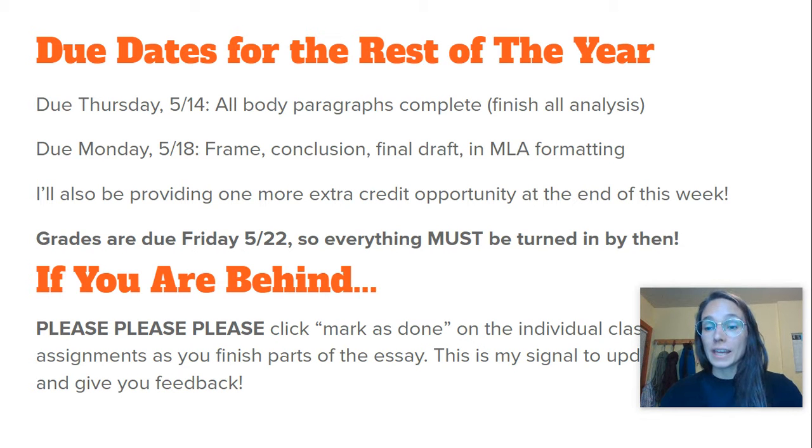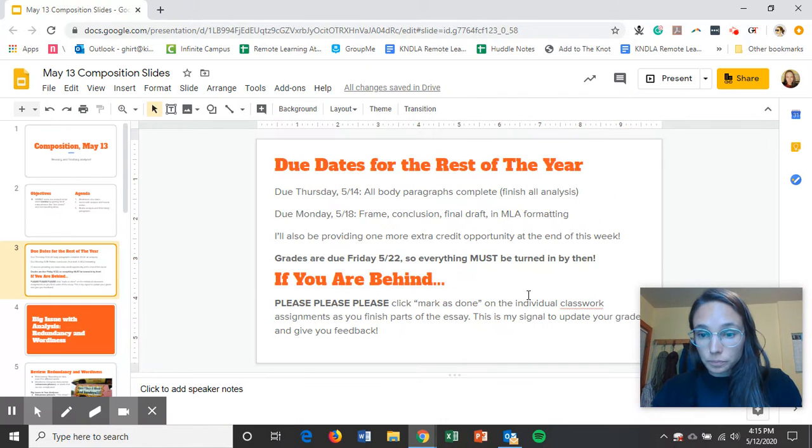Also, if you are behind and you're working right now on catching up on your essay, please click mark as done or turn in on those individual classwork assignments. Because even though there isn't a classwork document, for example, associated with the May 1st assignment, that assignment was to choose all your evidence. So if you have chosen all your evidence, you should click mark as done on that assignment. That tells me this person completed this work.